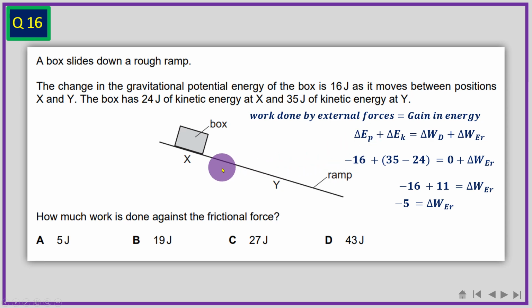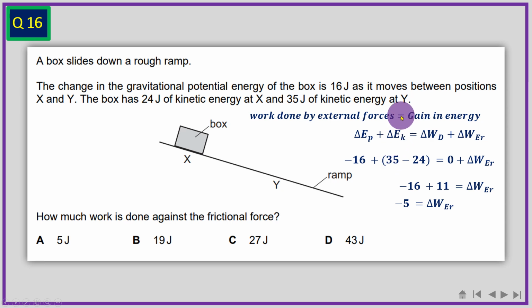After all, when we consider a situation like this one, we can see that it is moving down the slope, so we know that there is a decrease in the vertical height. That is why the gain in gravitational potential energy, and notice that I'm using the word gain in gravitational potential energy, must have a negative sign, because obviously it is losing height.